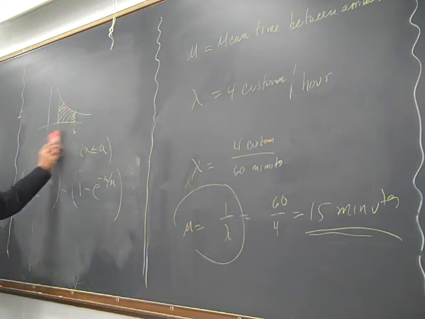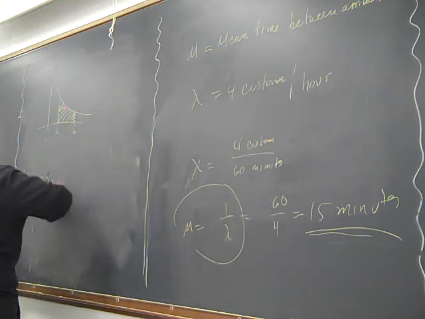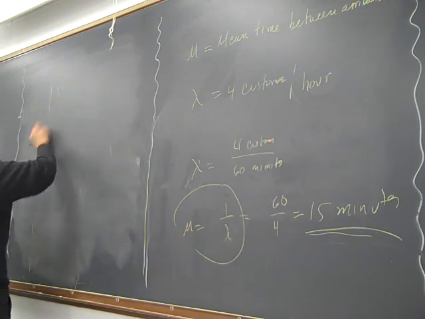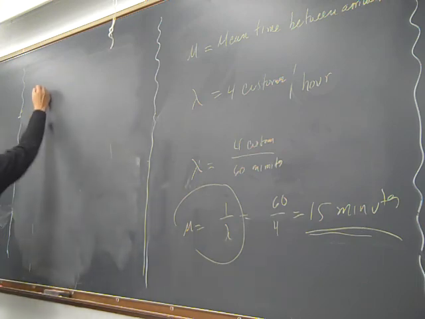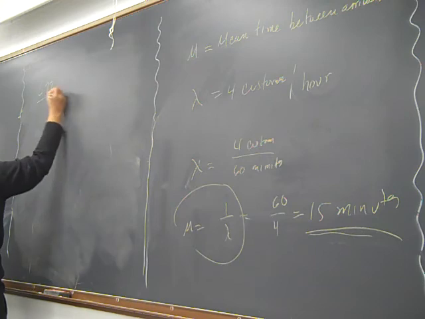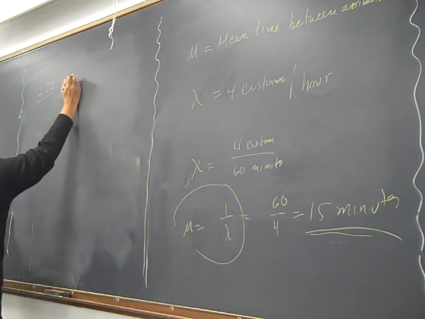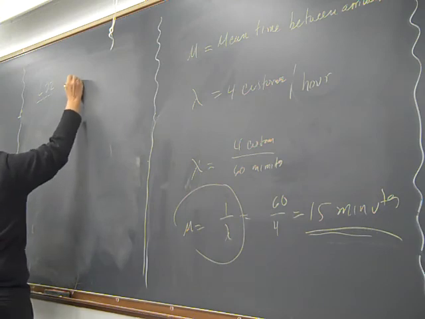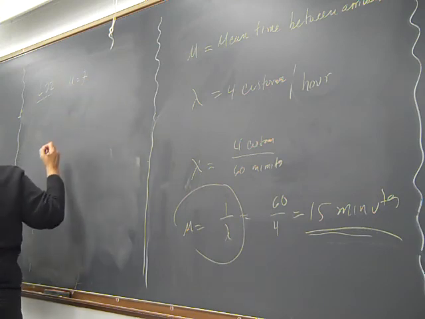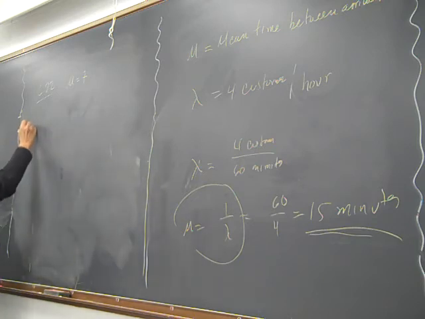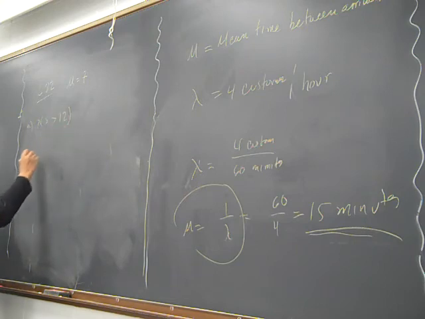Let's do 6.22. I know it's part of the homework, but it doesn't matter. We have an exponential probability distribution with a mean equal to 7 minutes. So mu is equal to 7 minutes. Calculate the following probabilities. A, the probability that X is greater than 12.